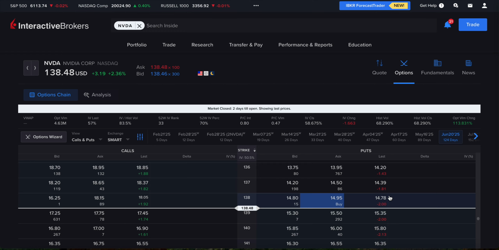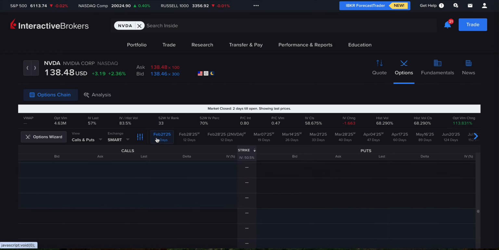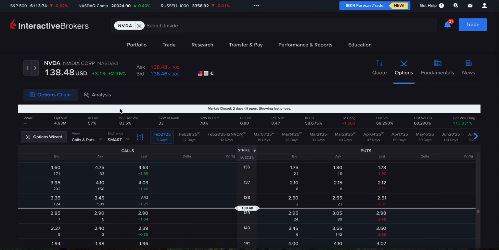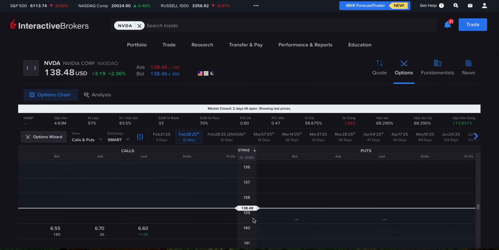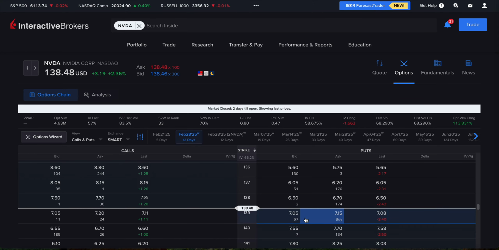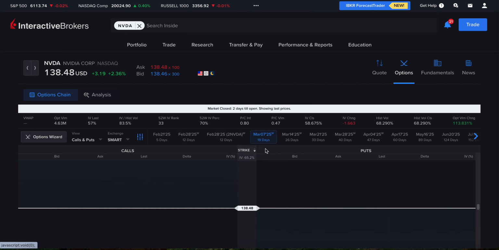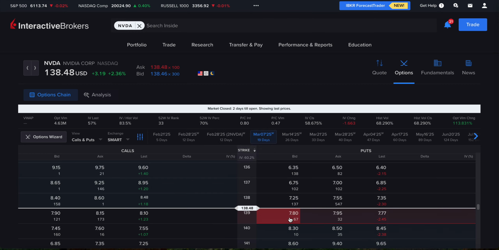As we can see with weekly options, the difference in the premium at 139 is about $3. At 139, about $7.10, a difference of $3.10. When you look at March 7th, it's $7.85 or 88 cents in the middle.